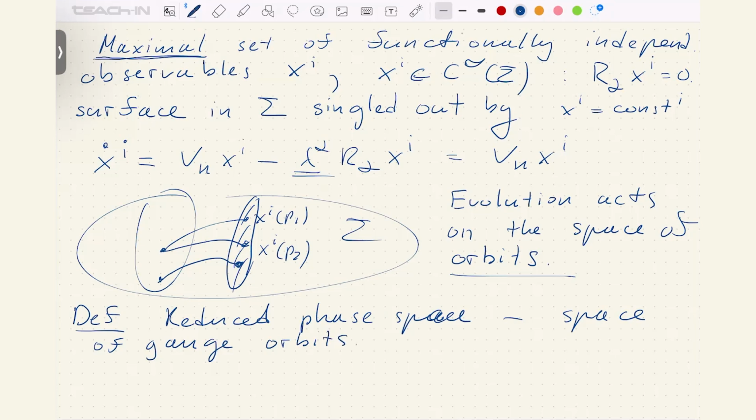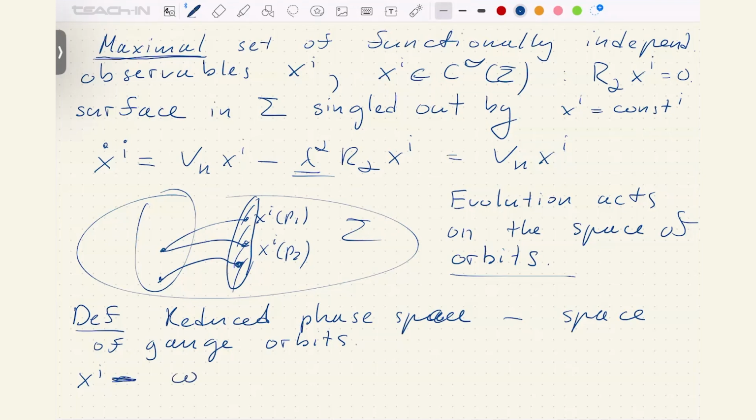And it's not difficult to see that because our functions x uniquely parameterize the orbit, because if we change x, it means we went to a different orbit.